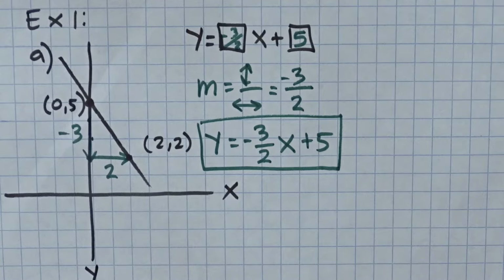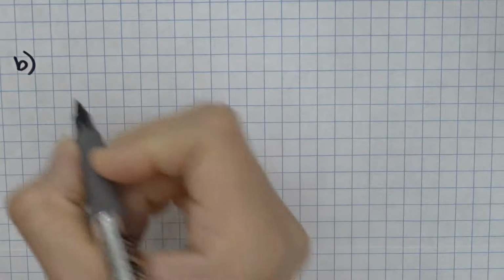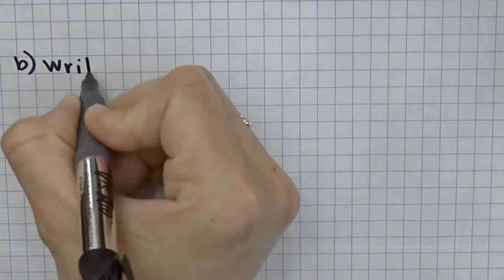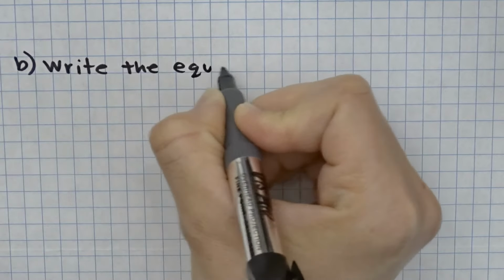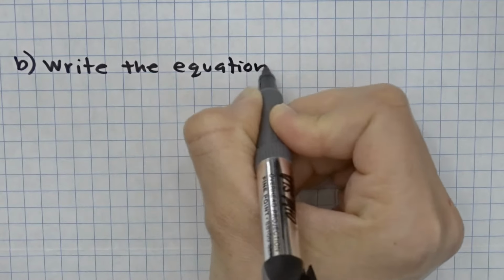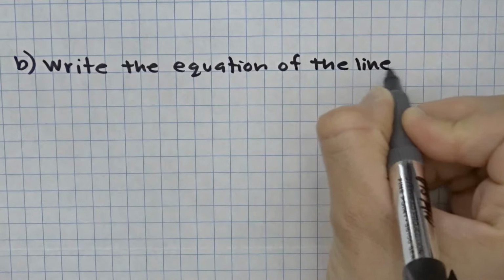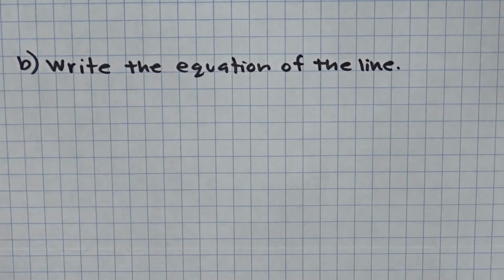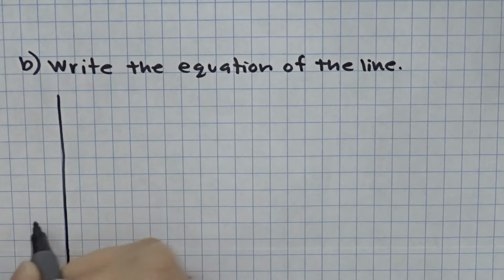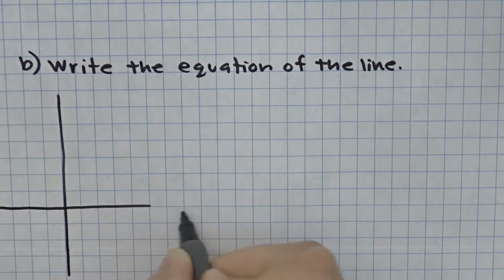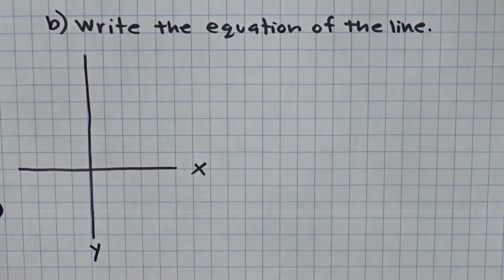Now B says to write the equation of the line. And the line we have has 2 points. This is your x and y axis.